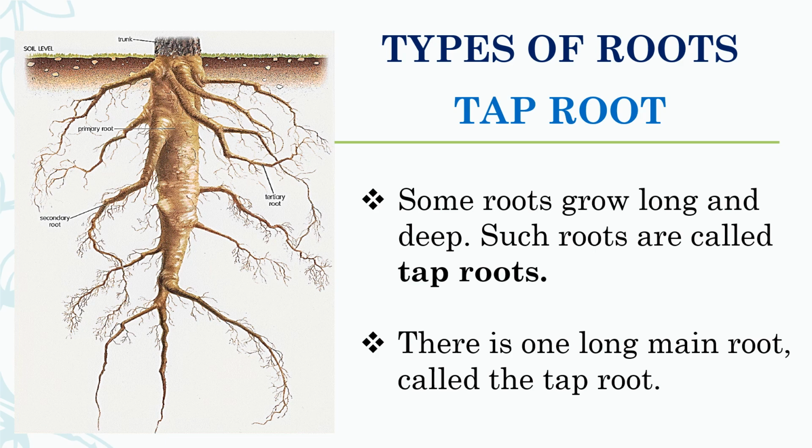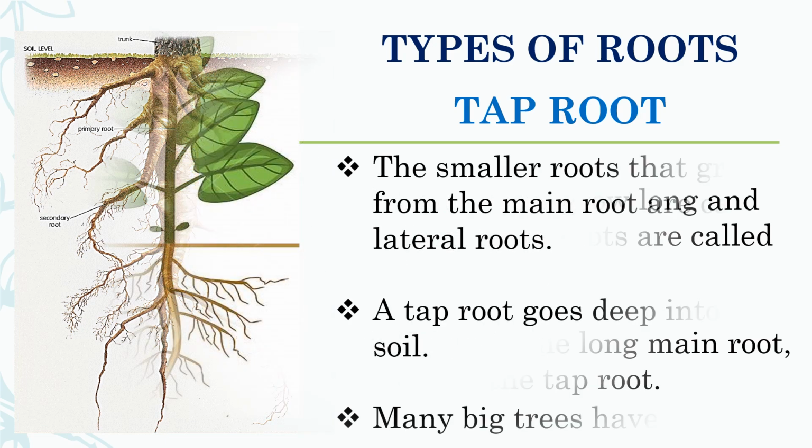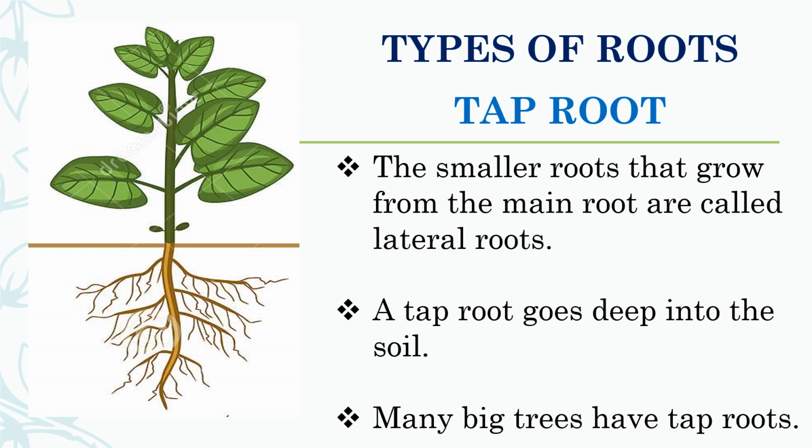The prominent long main root is called the taproot. The smaller roots that grow from the main root are called lateral roots. A taproot goes deep into the soil. Many big trees have taproots.